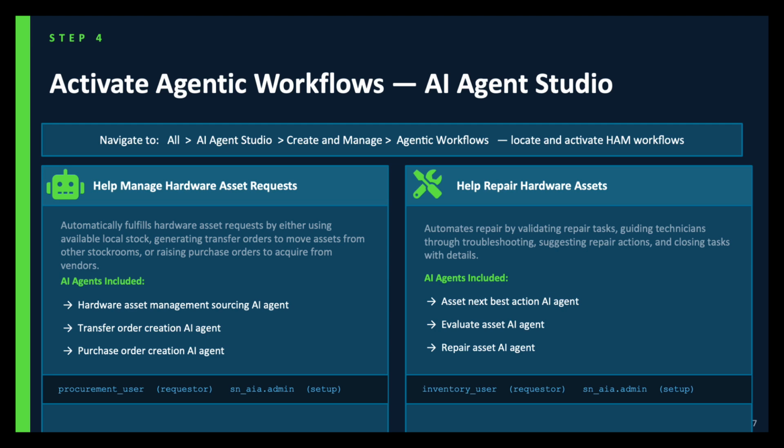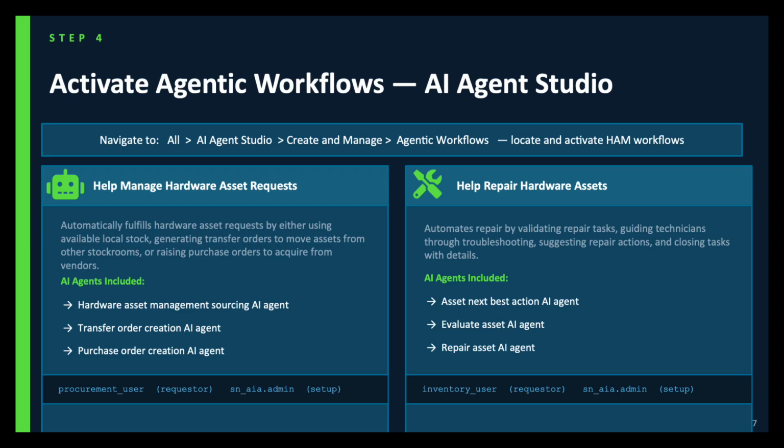There are 3 agents in this workflow: the sourcing agent, the transfer order creation agent, as well as the purchase order creation agent. On the right side, we also have one that helps repair hardware assets. This validates the repair tasks. It walks a technician through some troubleshooting.